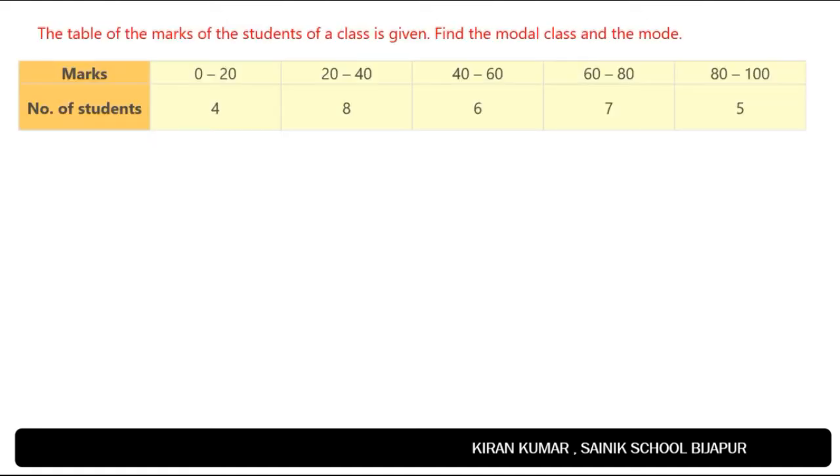Let me take the table of marks of students of a class and let us find the modal class and the mode. Here the classes are 0 to 20, 20 to 40, 40 to 60, 60 to 80, 80 to 100. The class size is 20. That is what we observe here.